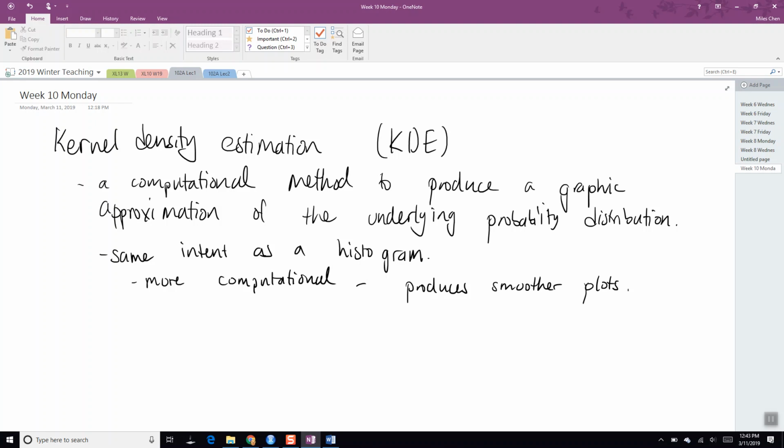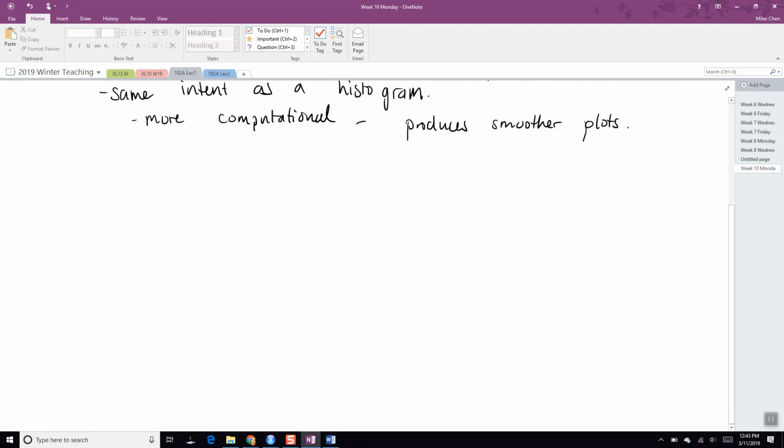Okay, so how does kernel density estimation work? Basically, when you do a histogram, if you have an observation here and an observation here, the histogram will drop a brick at each location, right?